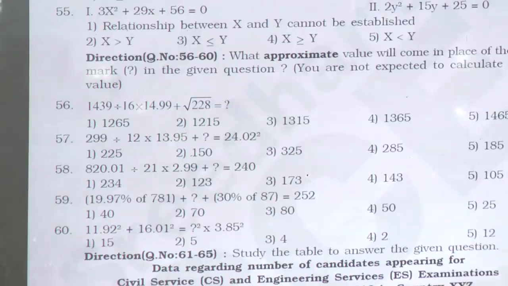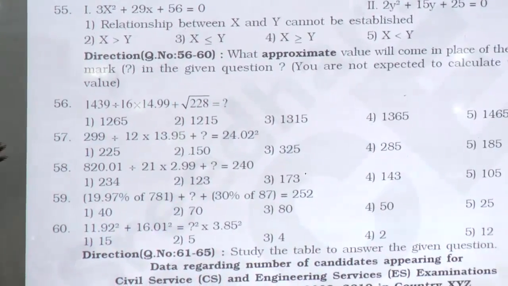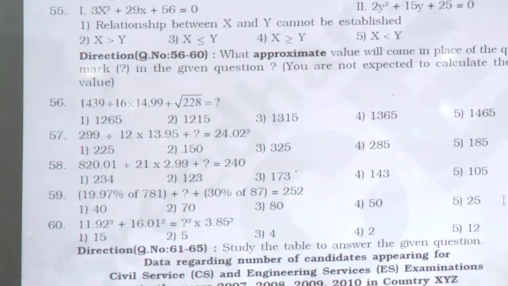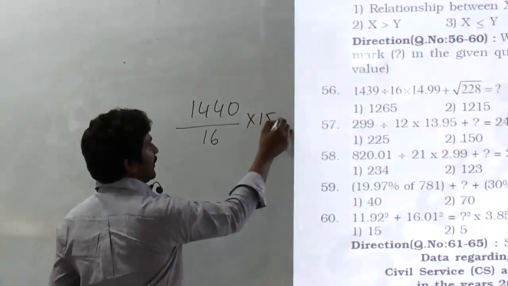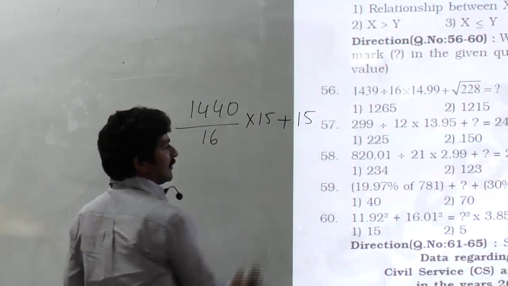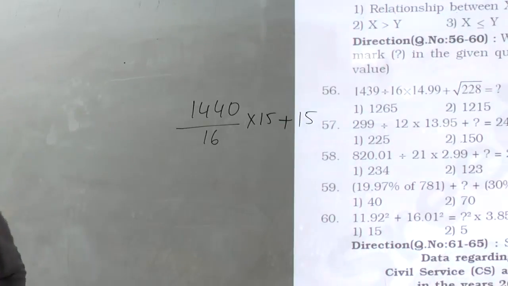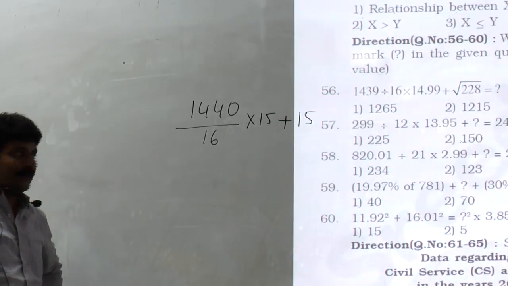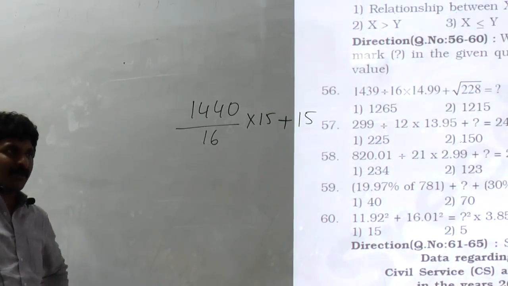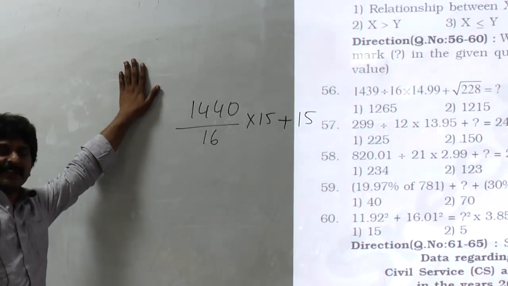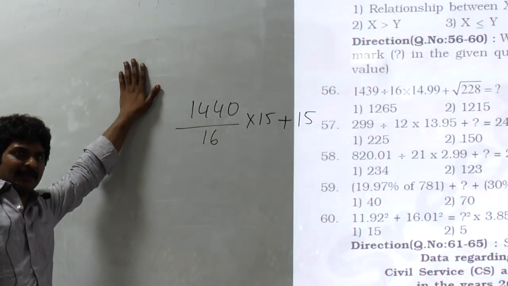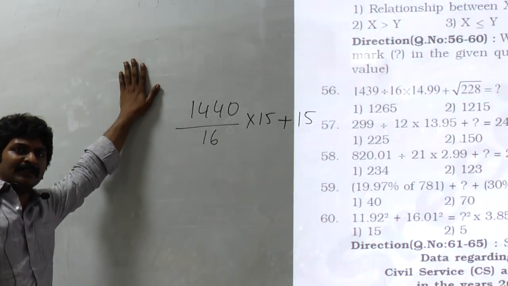56 to 60. Let me write this 1439 as 1440 divided by 16 into 15 plus 15 under root 228, nearby 225, that is 15 square. Square and under root both get cancelled. Denominator is 16. 16 10 times, 1600 times.